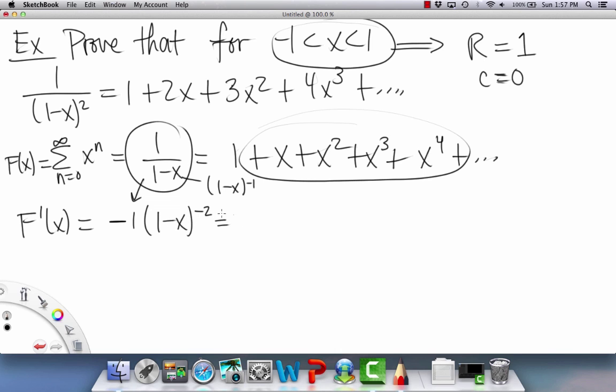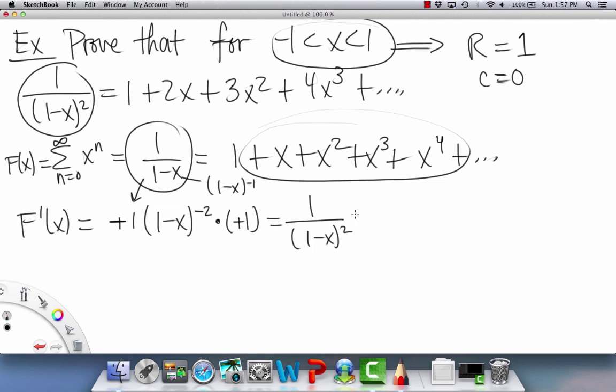Sorry, chain rule. And then times another negative 1 from the inside, right? So this is going to be equal to, the negatives cancel here, 1 over 1 minus x squared, which is what we want, right? So we found the left side.